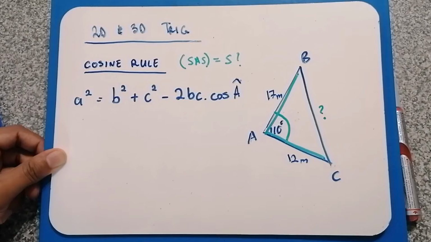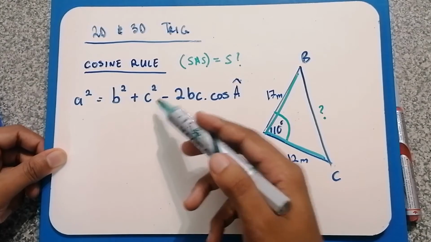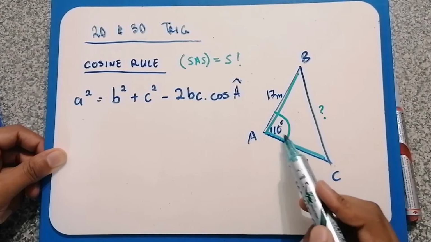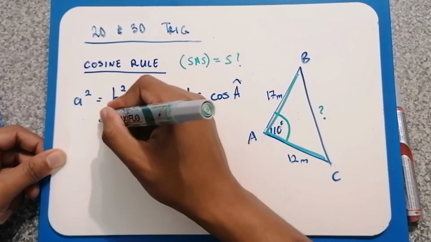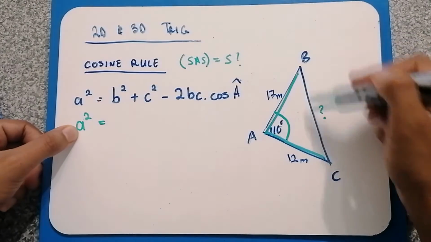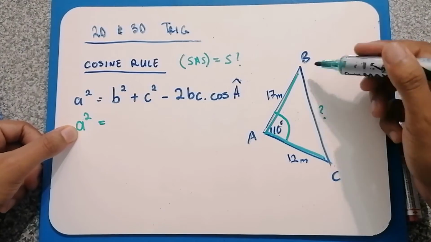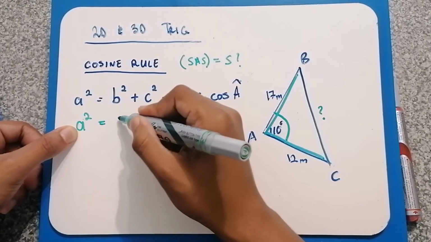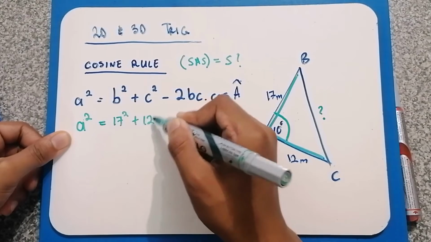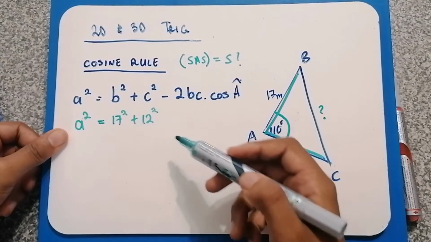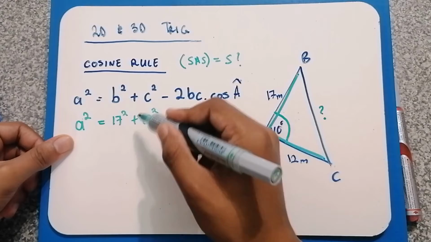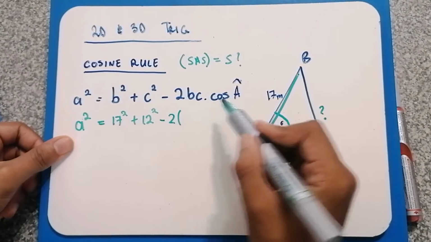Okay, so now to do that, let's substitute B and C with the respective lengths and A with the angle. So A is the side that we're trying to work out. This is the length of BC, and so let's say 17 squared plus 12 squared. As you can see, this looks like Pythagoras, but then we basically have the formula juiced up by a couple of steroids.